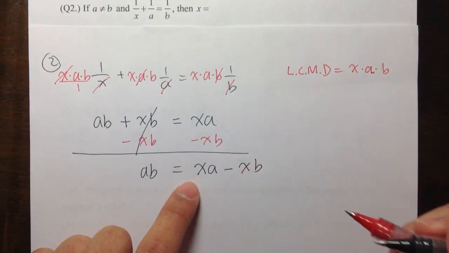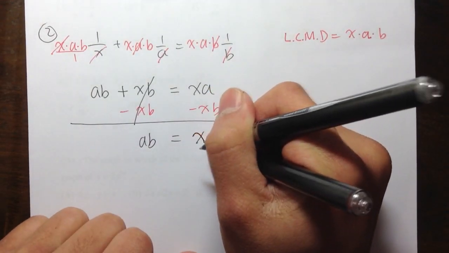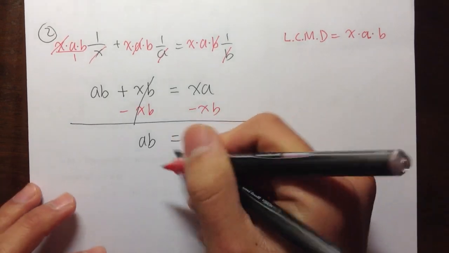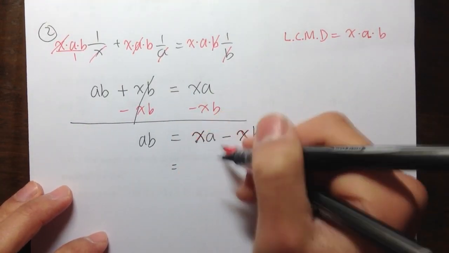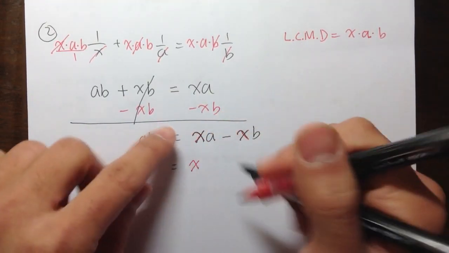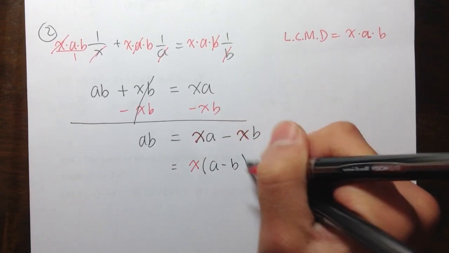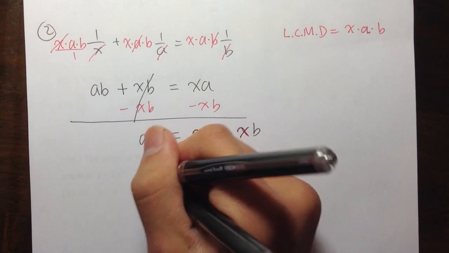And what can we do right here? Notice that we have an x in common, an x factor in common. So I can take that out. I can factor out the x, and I have parentheses a minus b, and that's equal to ab.